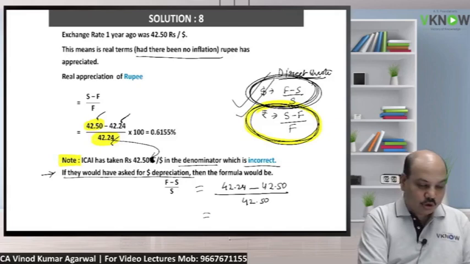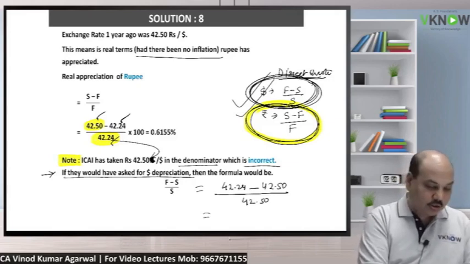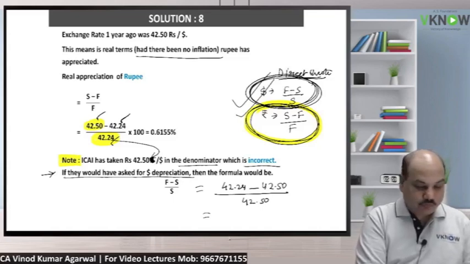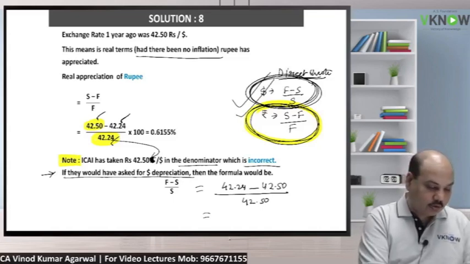If they ask for dollar depreciation, then this would be the answer. Approximately same, but not 100% same, because of the base effect. The base number is different, and therefore your answer would be also different.